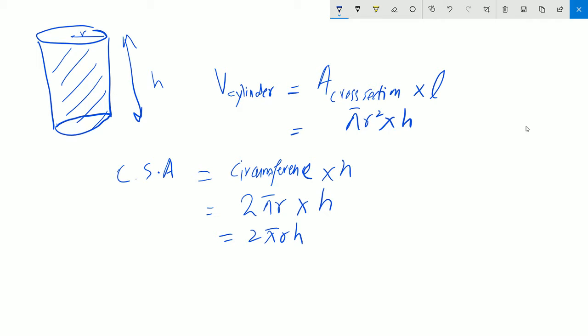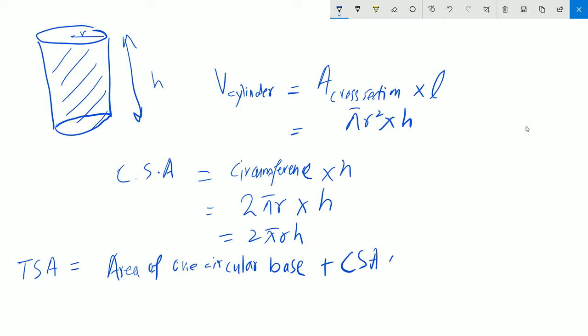Now let's talk about the total surface area. So for total surface area of an open cylinder, we have the area of one of the circular faces, one circular base, plus the curved surface area of the cylinder.